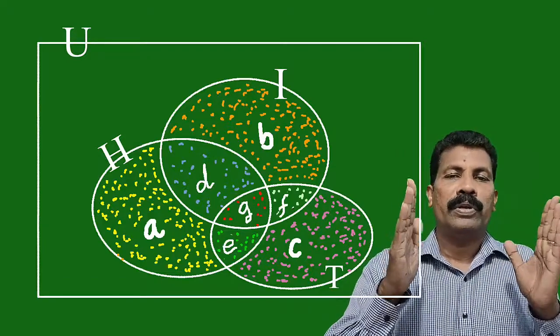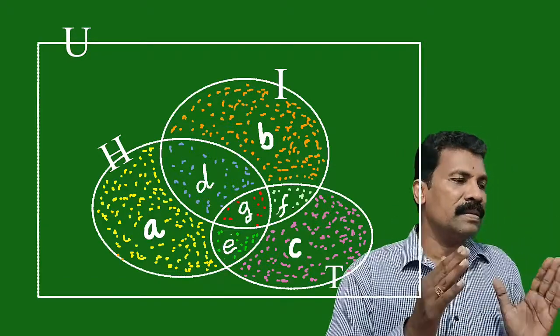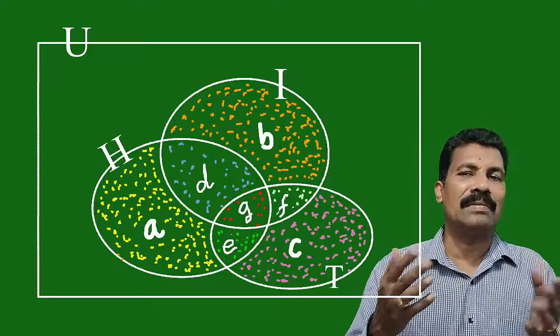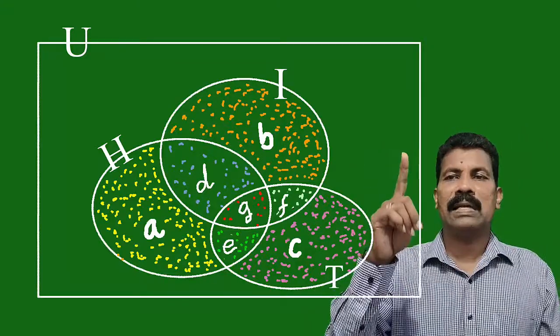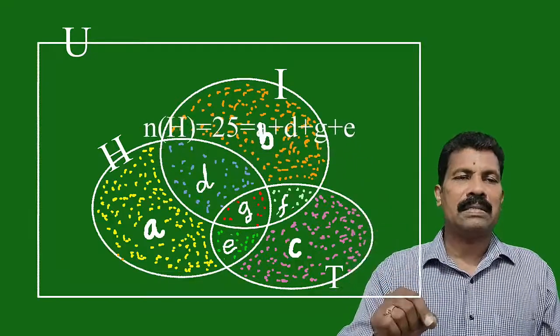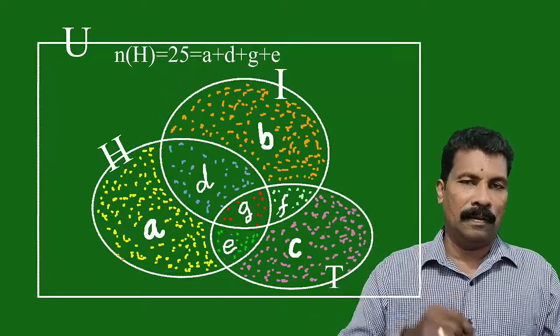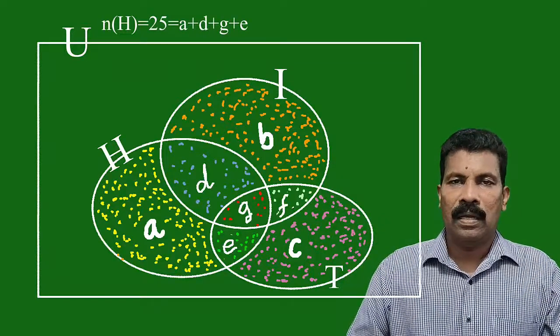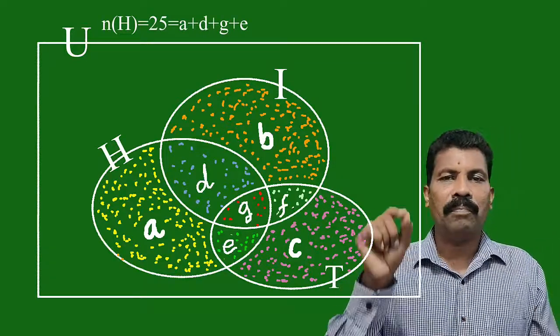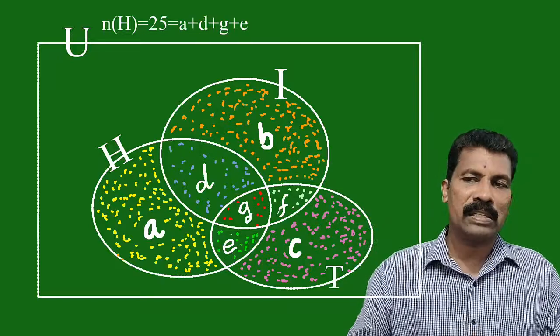Now, N of H means number of people who read H. So, 4 letters will be there. That is A plus D plus G plus E. That is 25 given in the question. In the same fashion, number of T is equal to 26 given.